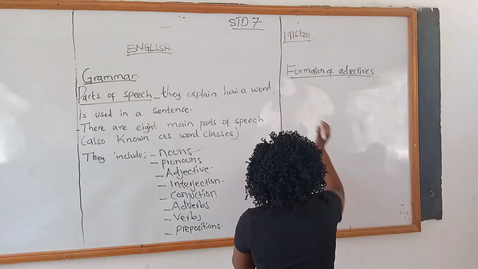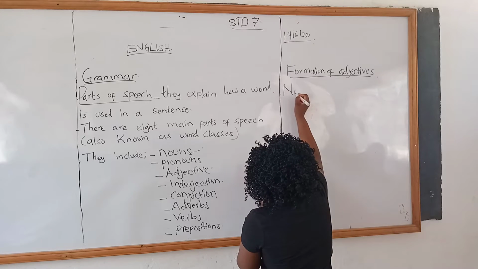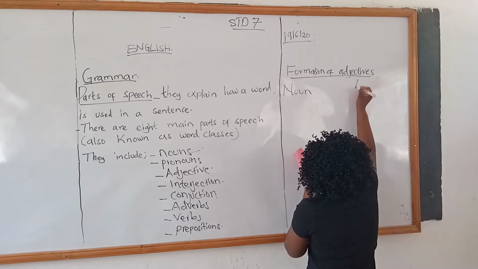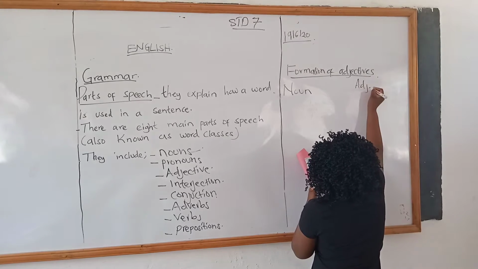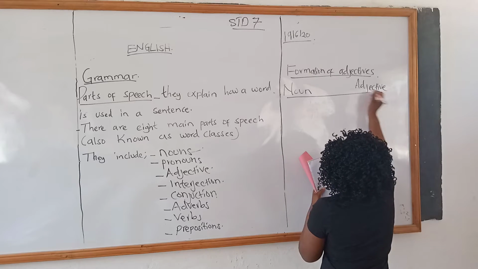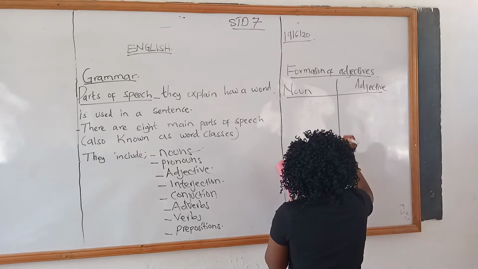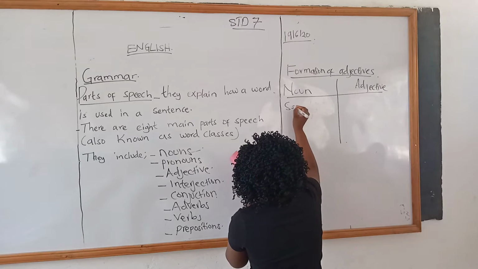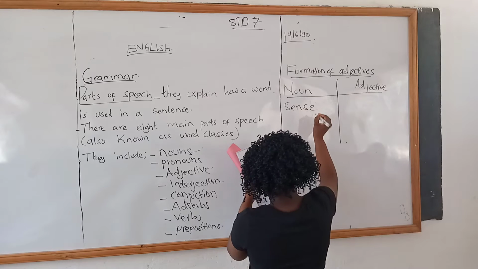For example, we can have noun here, then we have adjective. So we want to see how adjectives can be formed from the word noun.